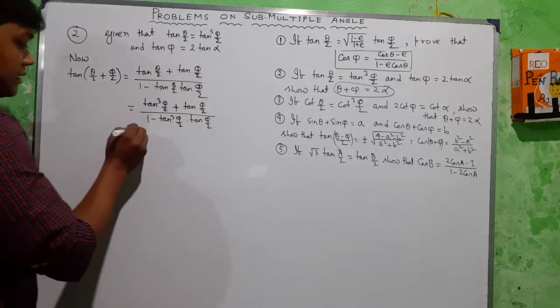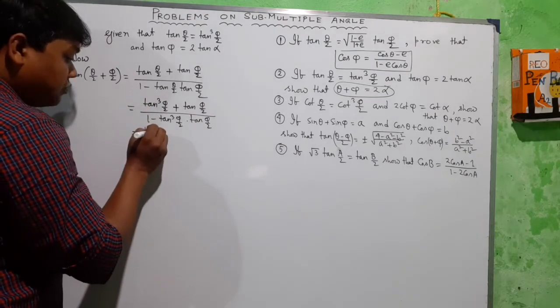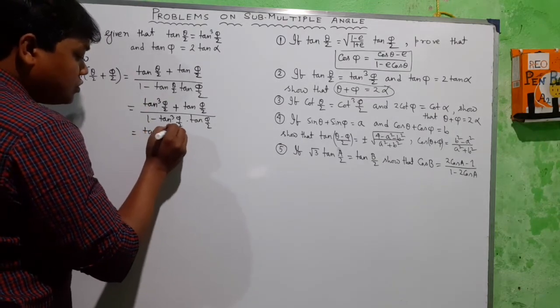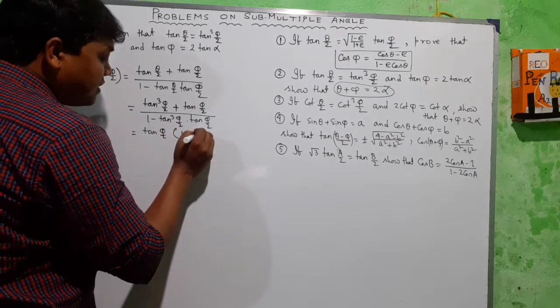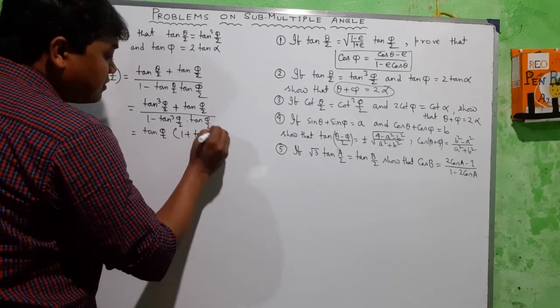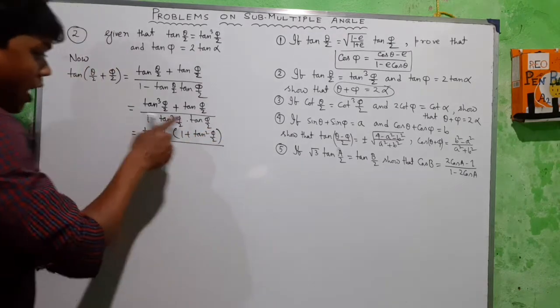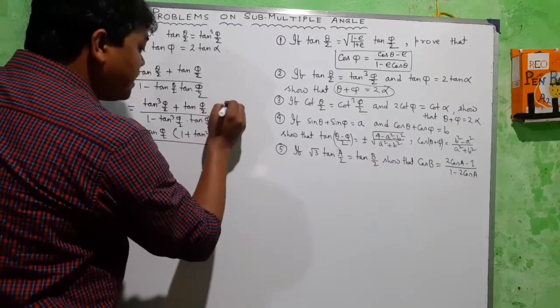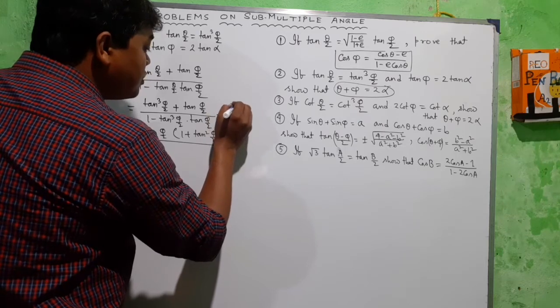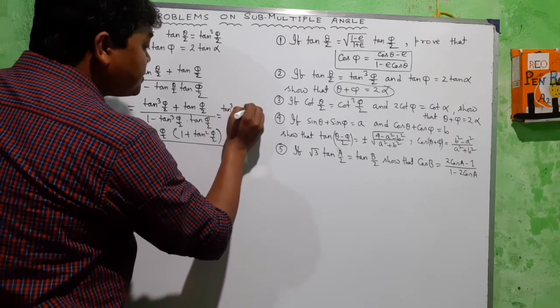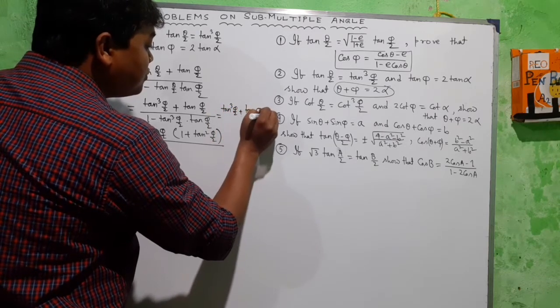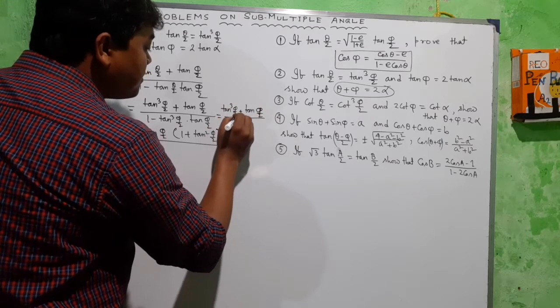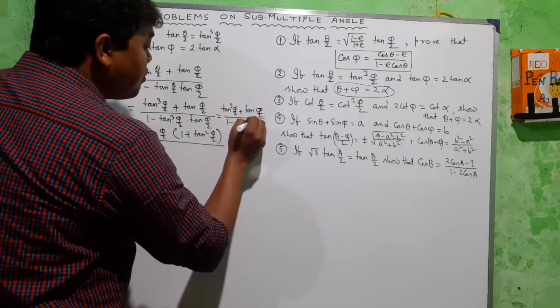And you see that if I take tan phi by 2 as the common part, you will get 1 plus tan square phi by 2, right? And this is 1 minus tan 4 phi by 2, so I have written the other part as tan cube phi by 2. After simplification, tan phi by 2, and this gives 1 minus tan 4 phi by 2.